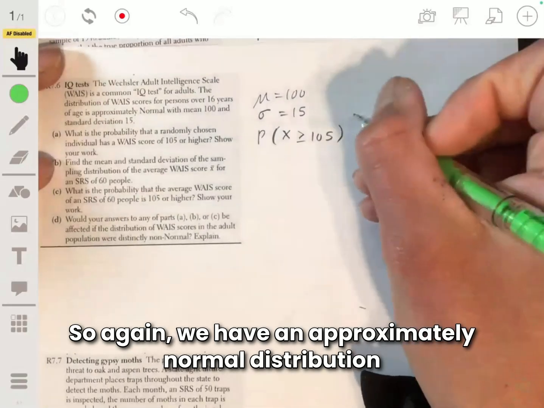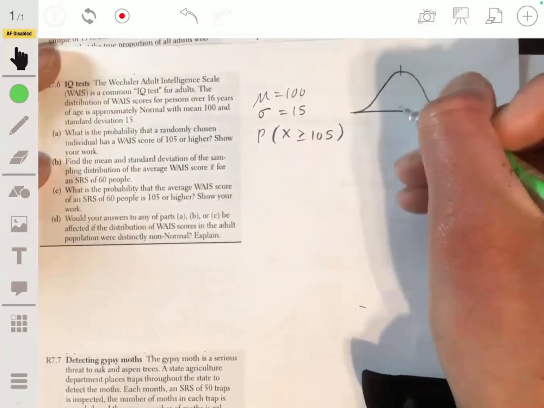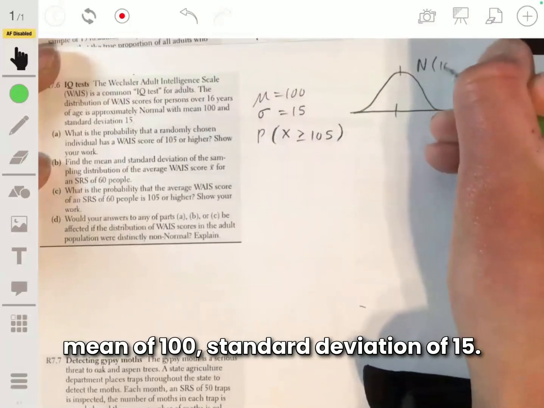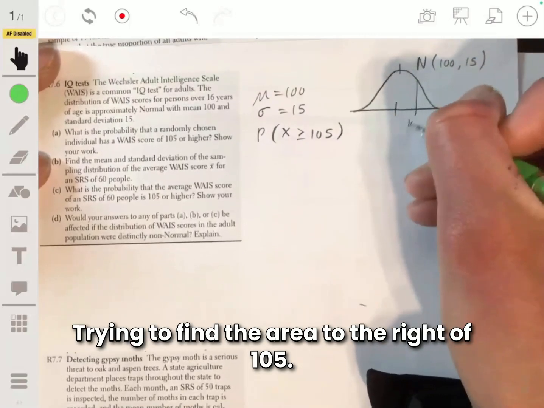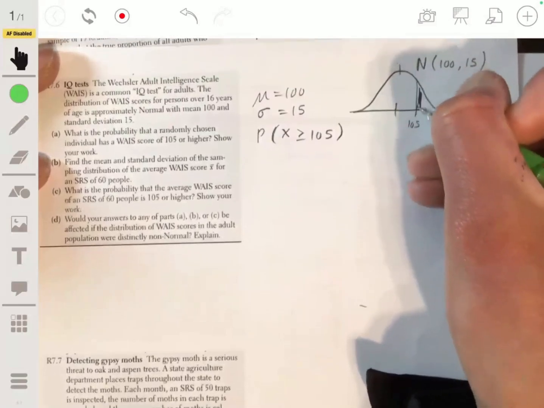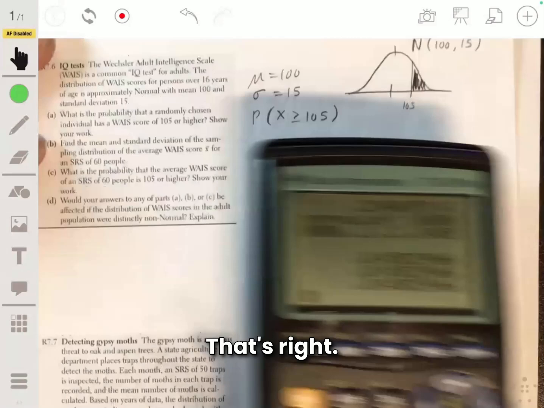So again, we have an approximately normal distribution, mean of 100, standard deviation of 15, trying to find the area to the right of 105. That's right, calculator time.